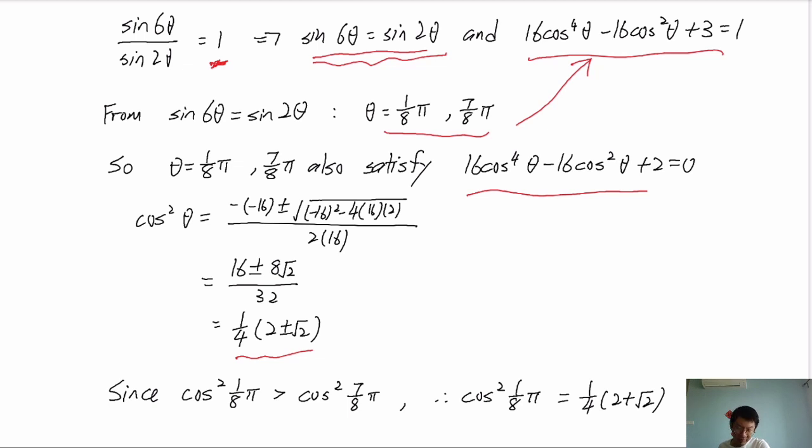Now we know this is 3, from the earlier mistake there. So for this one we have 1 over 8 pi and 3 over 8 pi. Which one should we take for the value 1 over 4 times 2 plus root 2?